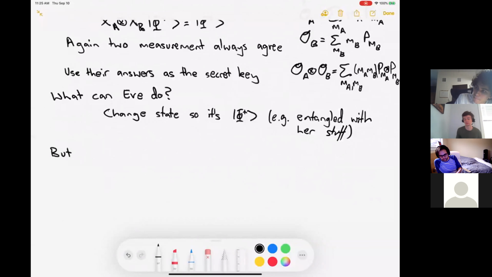But it's pretty easy to check. It's just some linear algebra.